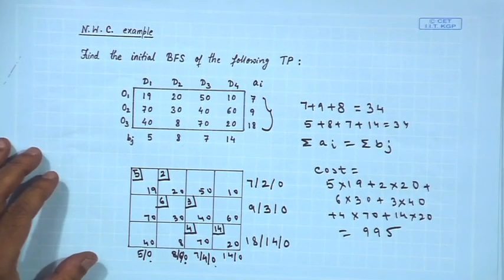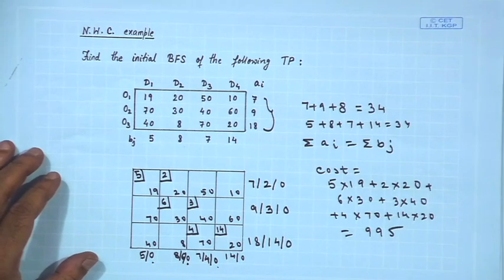Like this, various other techniques are there, but the only thing to remember is that the allocation is correct depending upon the availability and the demand, that is, summation over A_i equals summation over B_j is satisfied. It does not mean that the cost will be optimum, that we will see later.